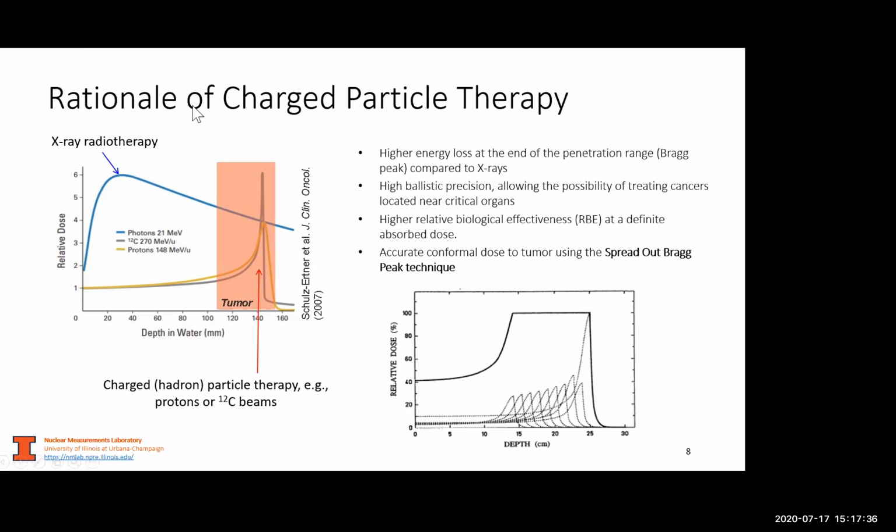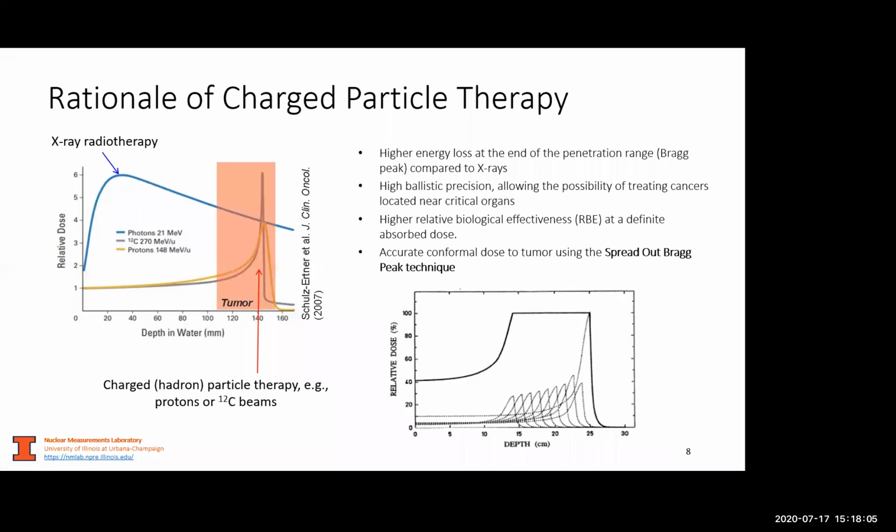However, some features of charged particle therapy make it desirable to treat other types of tumors, such as the tumors of the eye, but also in some cases prostate cancer and some other deep-seated tumors. And therefore, it is an emerging technique that's getting more and more attention worldwide.